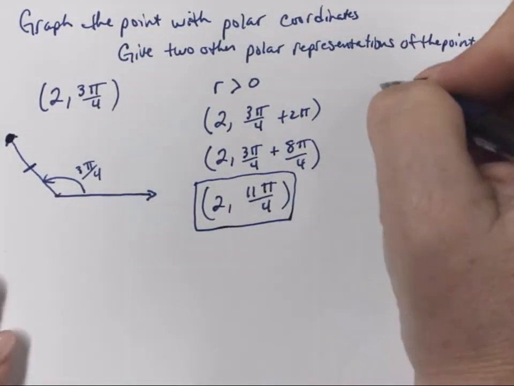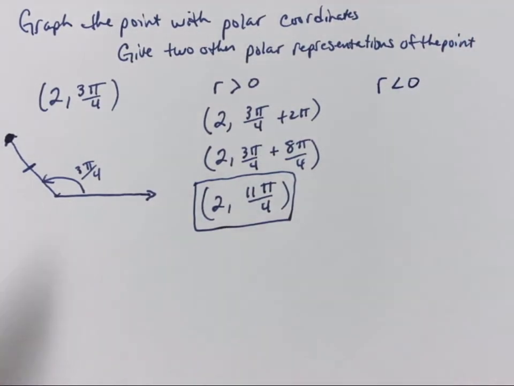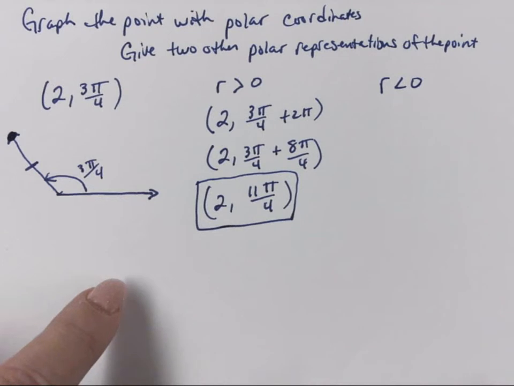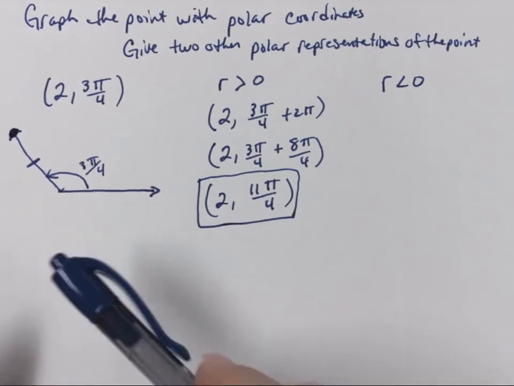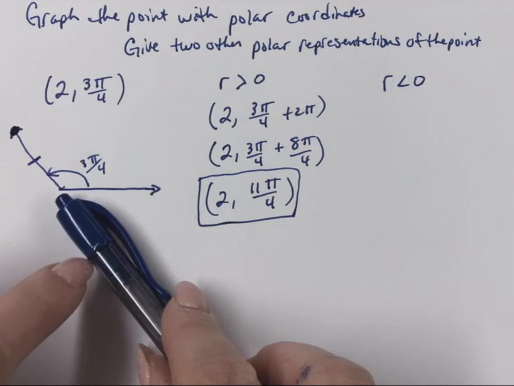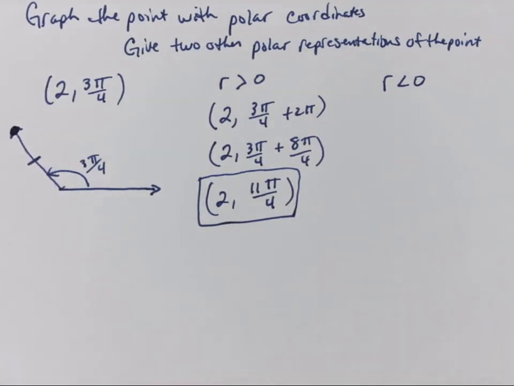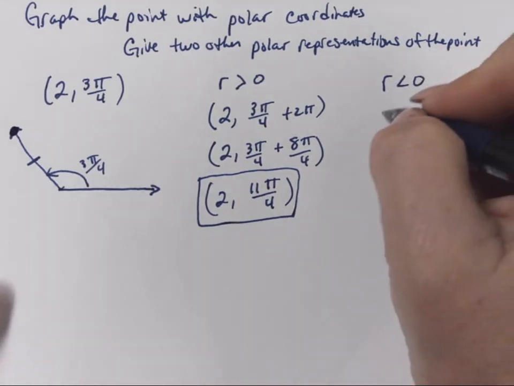Now, to r less than 0, which means we've got a negative r, remember the way the r's go is they go from here, and then the negative r's would go this way. So if our negative r goes this way, that means we're only a pi difference from where we're at. So what you're going to do is add pi.